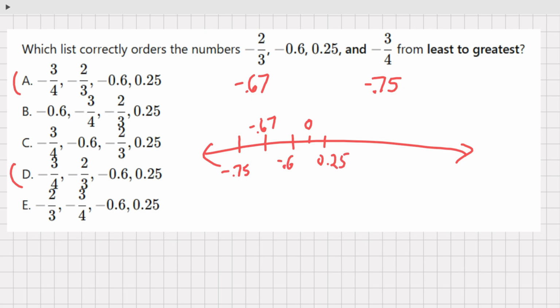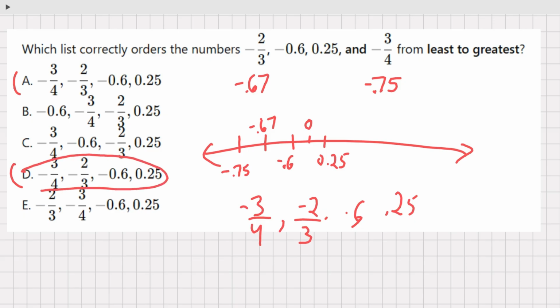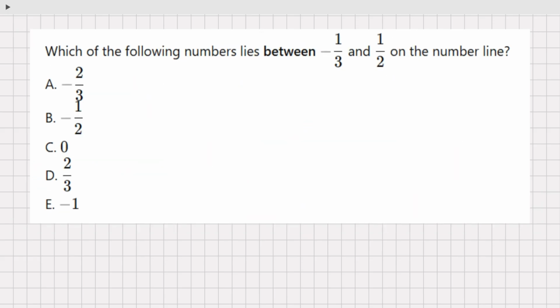So you just need to look for an answer that follows that formula of negative 3/4, followed by negative 2/3, and then negative 0.6 and 0.25. And so which one follows that? Well, that's our double answer, actually. Maybe I made you not think about that for a second, but our double answer is correct there.